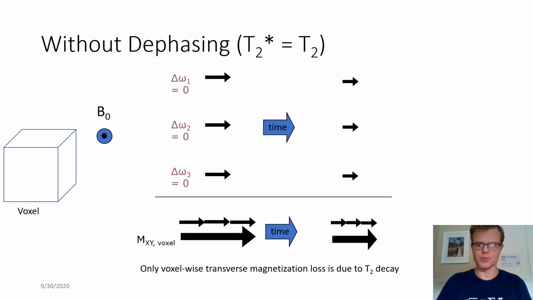If you look back at the previous slide, you'll see that the MXY voxel, which is the signal we're going to get in our image in this voxel, is going to be larger in this case, when we don't have any variations in the magnetic field across the voxel. Compared to when we do have these changes in magnetic field across the voxel, we're going to get some shrinking of the MXY across the voxel, or some loss in signal, in fact.